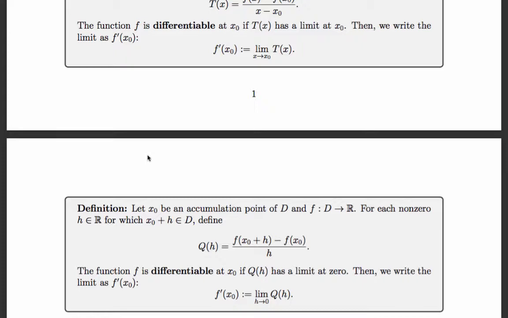The function f is differentiable at x naught if q of h has a limit at 0. Again, we write this as the derivative: f prime of x naught is the limit as h approaches 0 of our secant slope function.